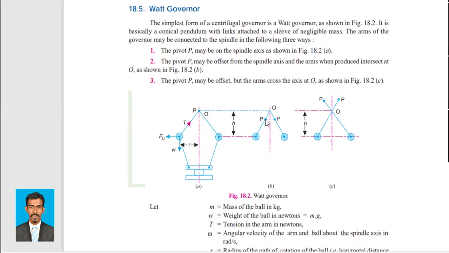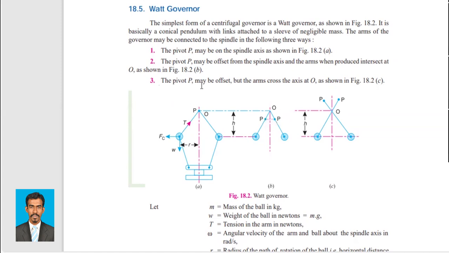Either it can be here and here, and when extended, it may meet at point O. So here it is on the spindle, but here it is not on the axis. It is offset from the axis.